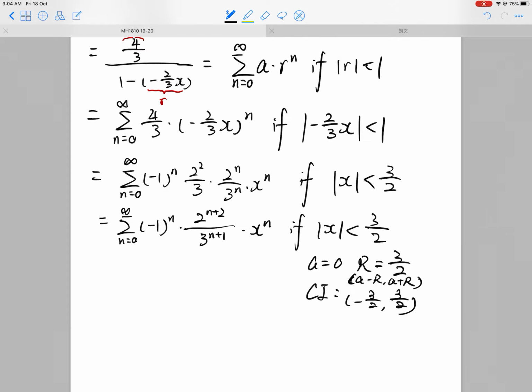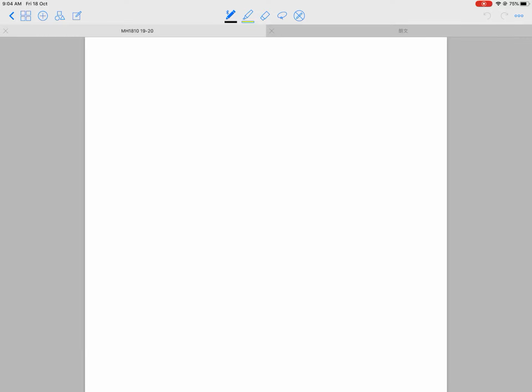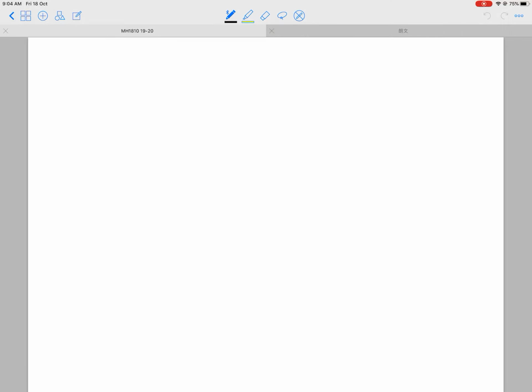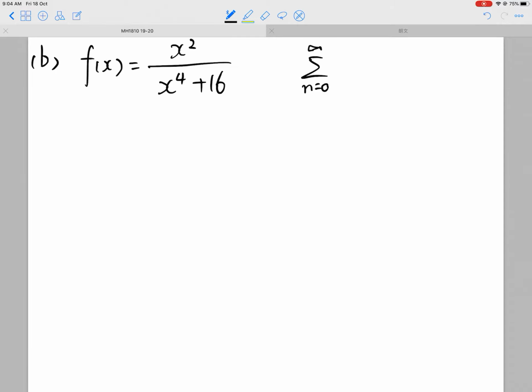Right, next part. Part B, f(x) is x squared over x to the power of 4 plus 16. Again, we want our power series to be a over 1 minus r.